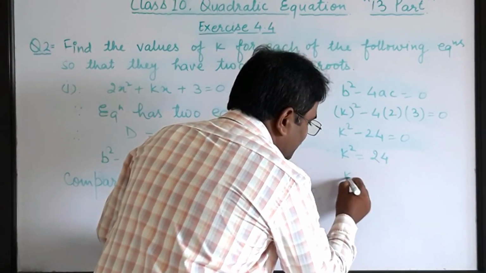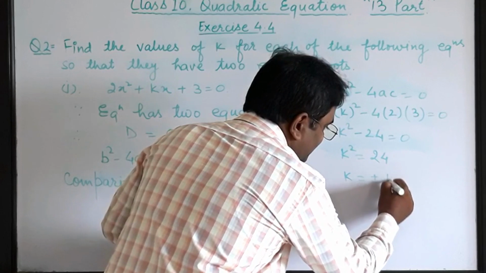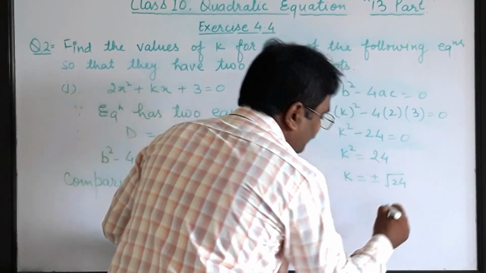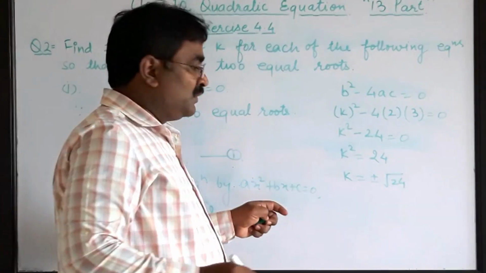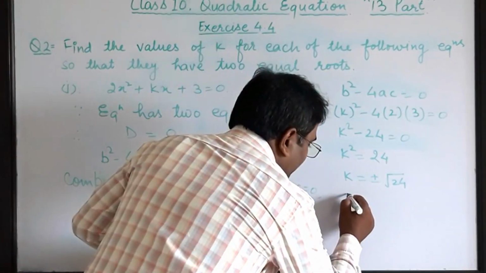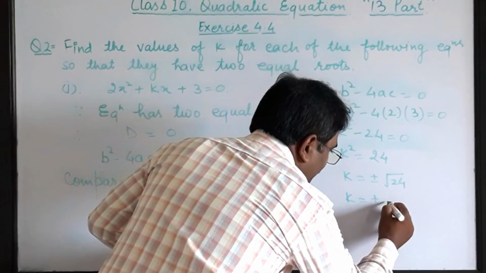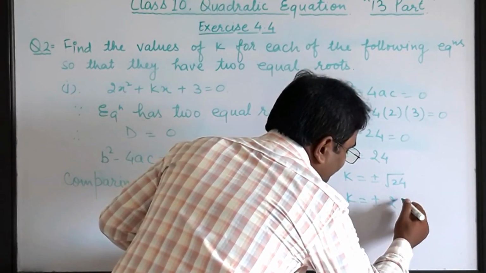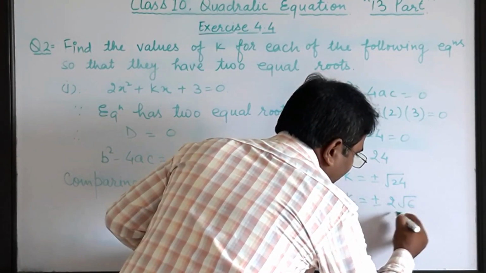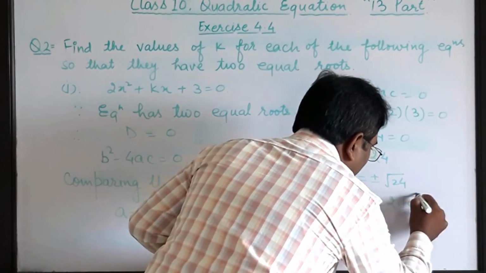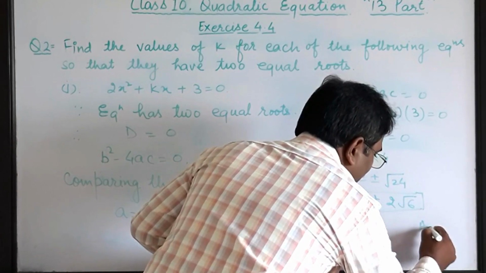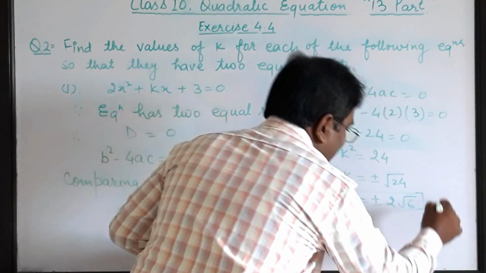So k is equal to plus minus square root 24. Right? Now this square root 24 can be written as 2 2s are 4, 6 4s are 24. So the value of k is plus minus 2 under root 6.